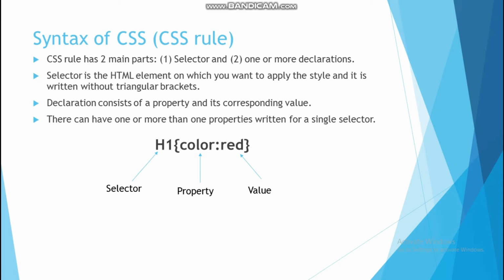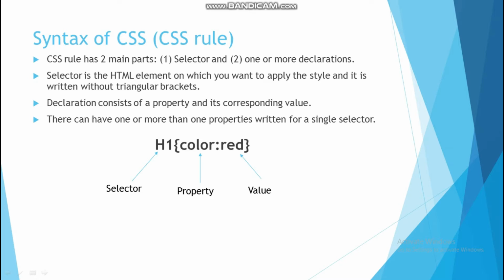And whatever property and value you are giving, that we have to write inside curly brackets. And that is why here it is given color colon red inside curly bracket. So this entire part written inside curly bracket, that is known as declaration. And remember, to distinguish property and its value, we have to give colon sign.